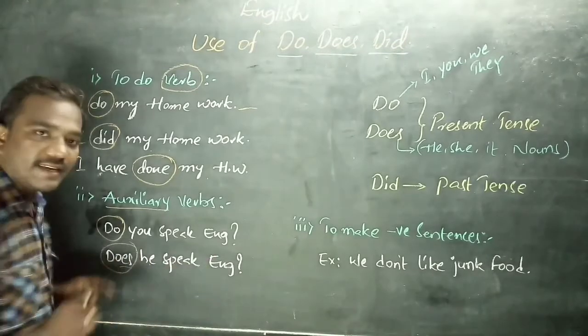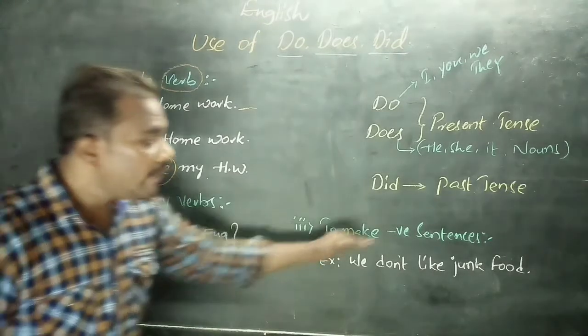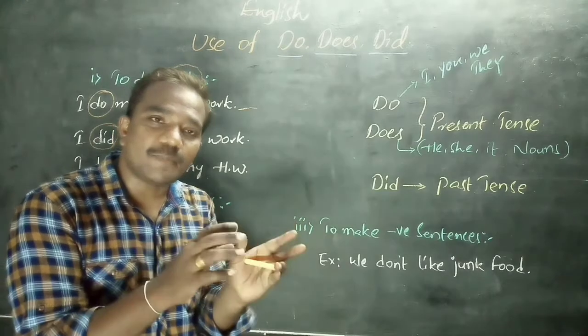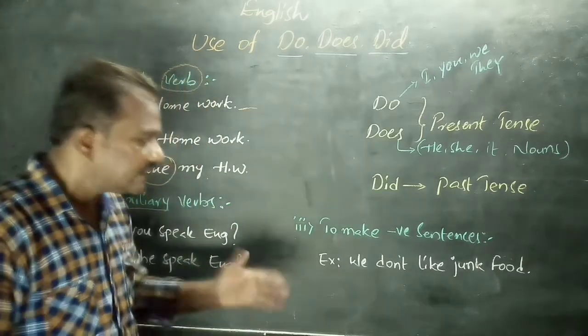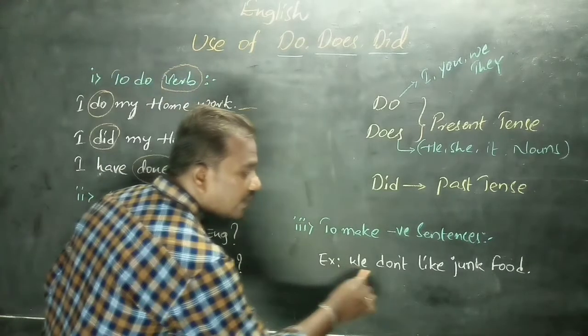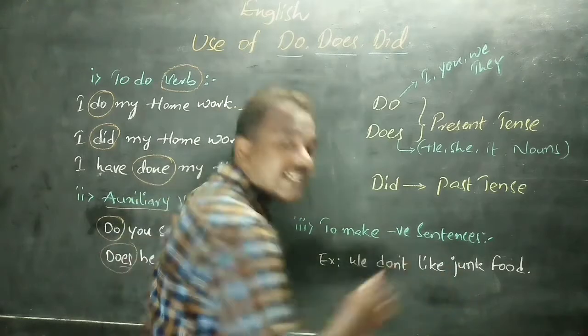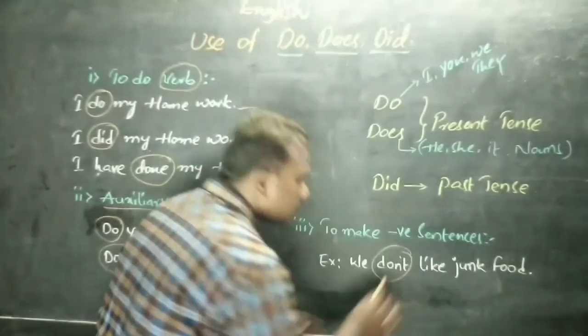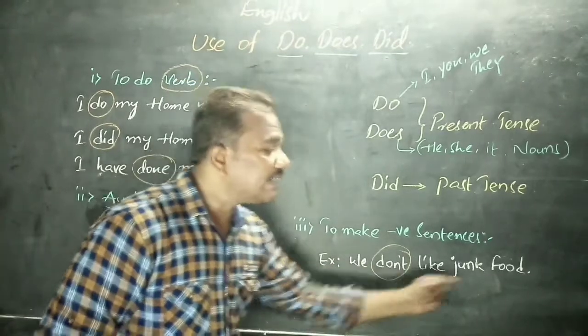Does he speak English? Next, to make negative sentences, to convert simple present or simple past into the negative sentence, I can use here, for example, we don't like junk food. Actual sentence is, without don't, we like junk food.